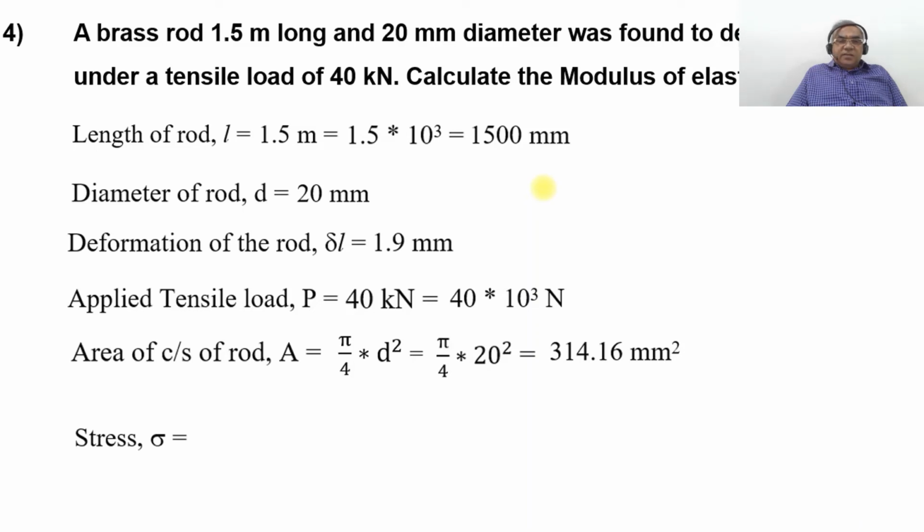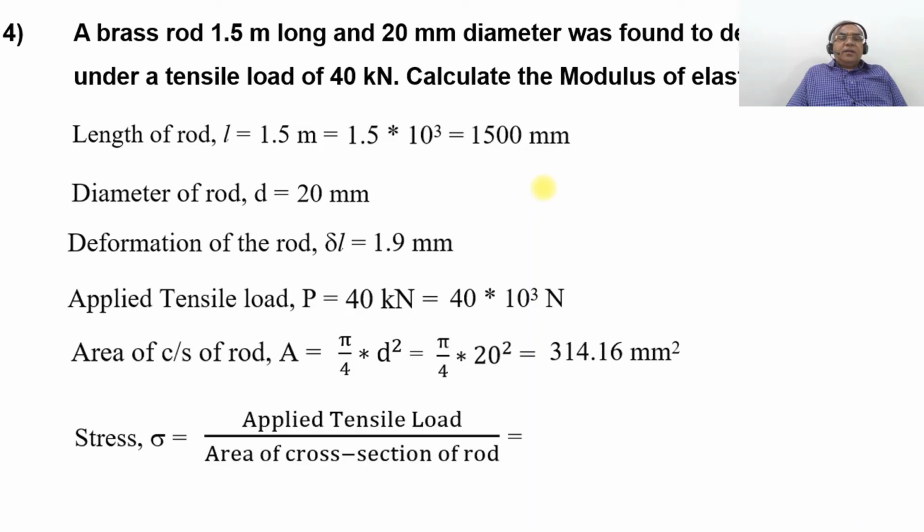So what is the stress? Stress is nothing but the applied tensile load by the area of cross-section of the rod. P by A is equal to 40 into 10 to the power of 3 divided by 314.16. On simplification, you are going to get that value as 127.324 Newton per mm square.